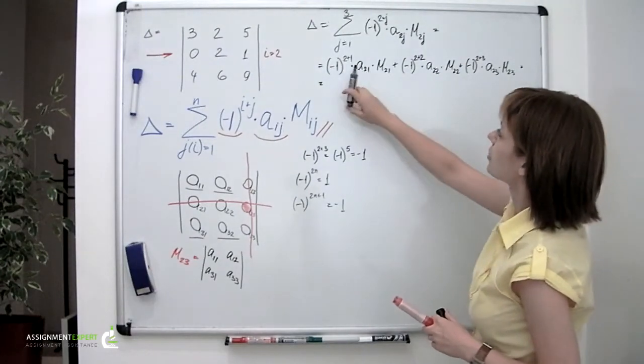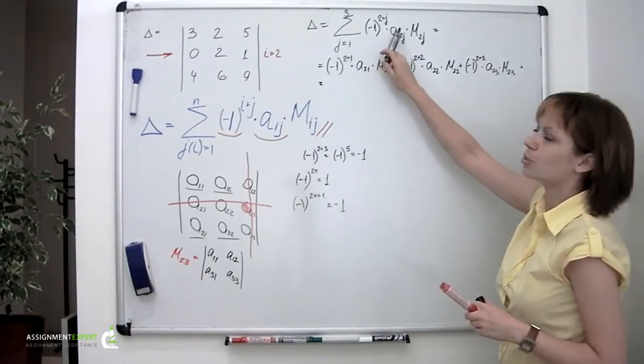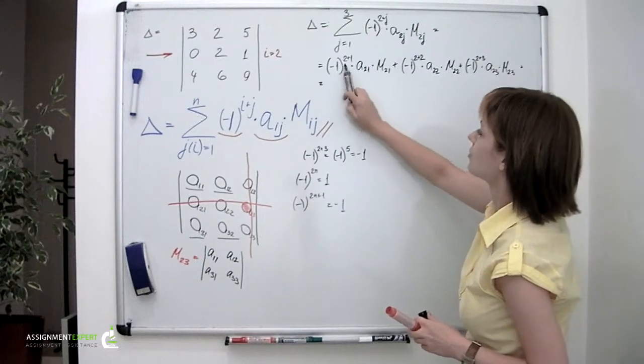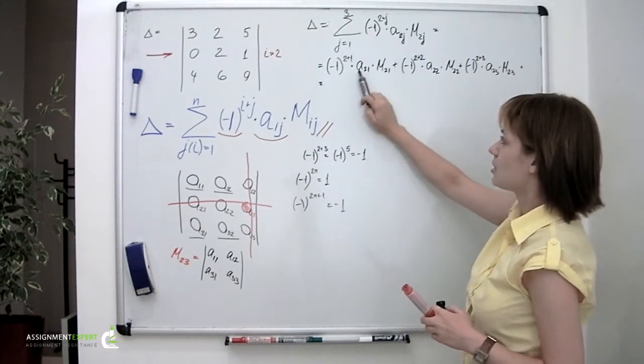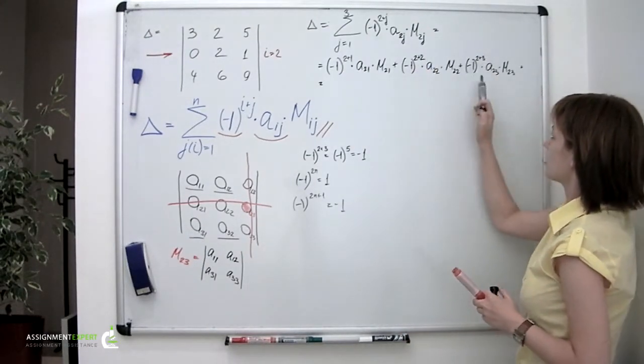As you can see, we've substituted j into the formula step by step, so we obtained first the first summand, and then the second, and then the third.